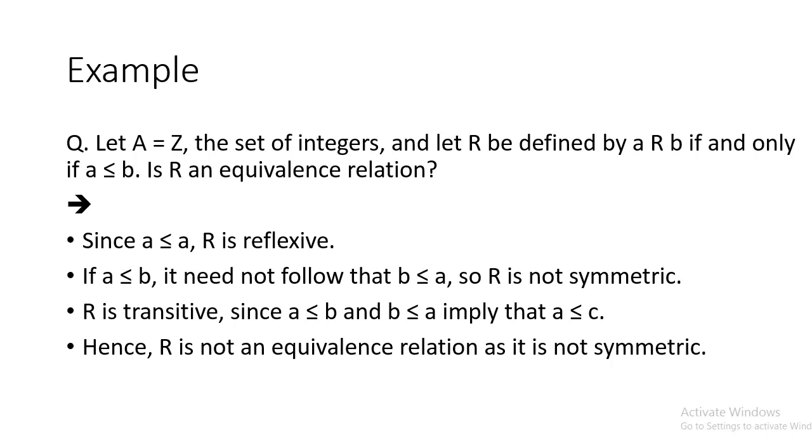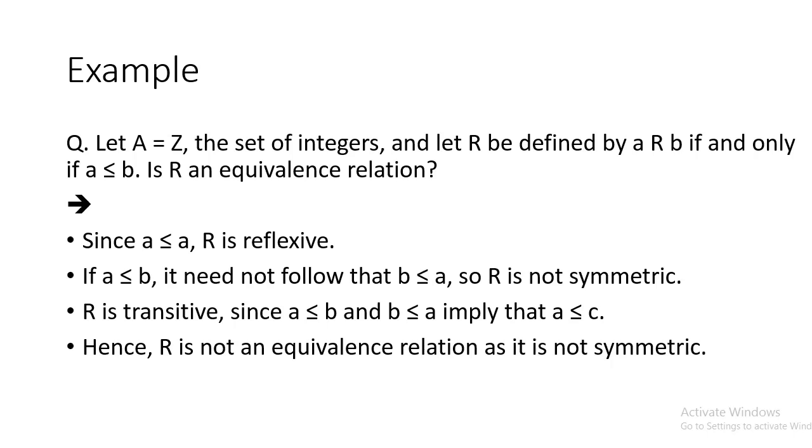Now let's see the next example. Let A equal Z, the set of the integers, and let the relation R be defined by a R b if and only if a is less than or equal to b.